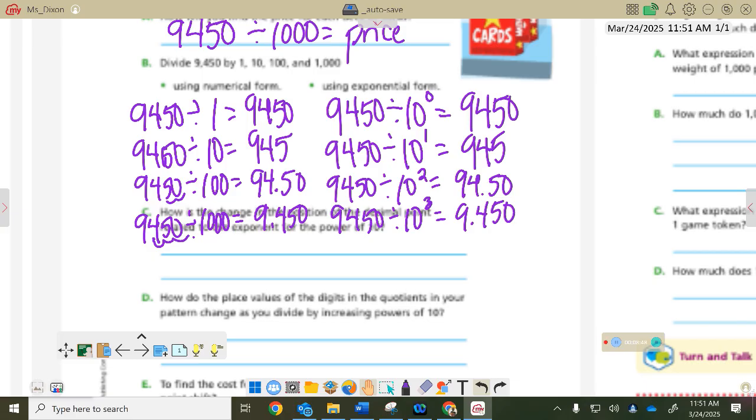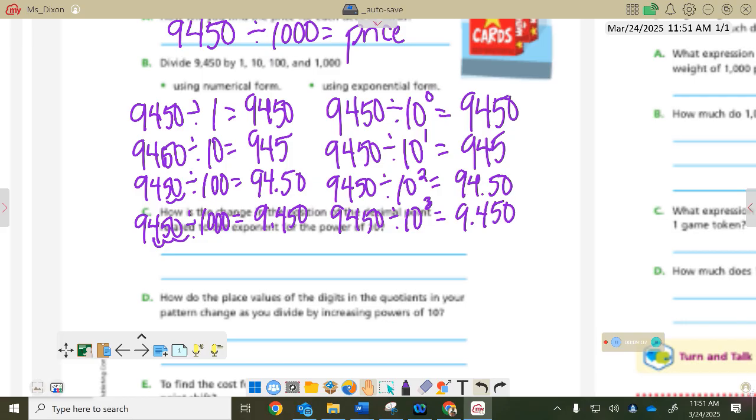Okay? Any questions? Everybody see that pattern? Remember, if you are dividing by a whole number, it's the same as multiplying by a fraction or a decimal. So we move to the left.